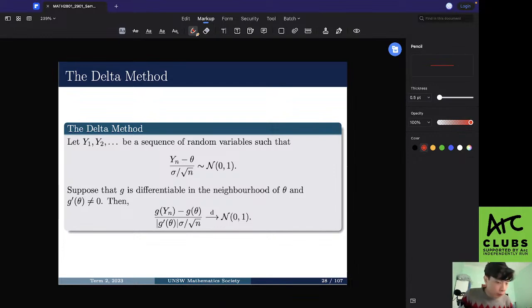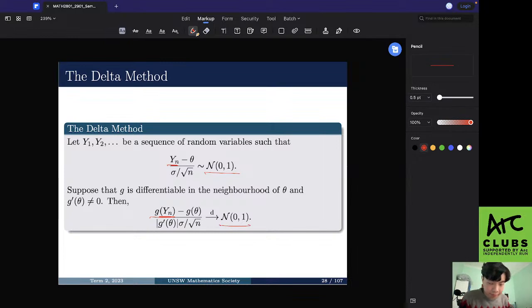So we now have our delta method, and basically what it states is if we have Yn that converges to a normal distribution, then for any function that's differentiable, g of Yn is also normally distributed.